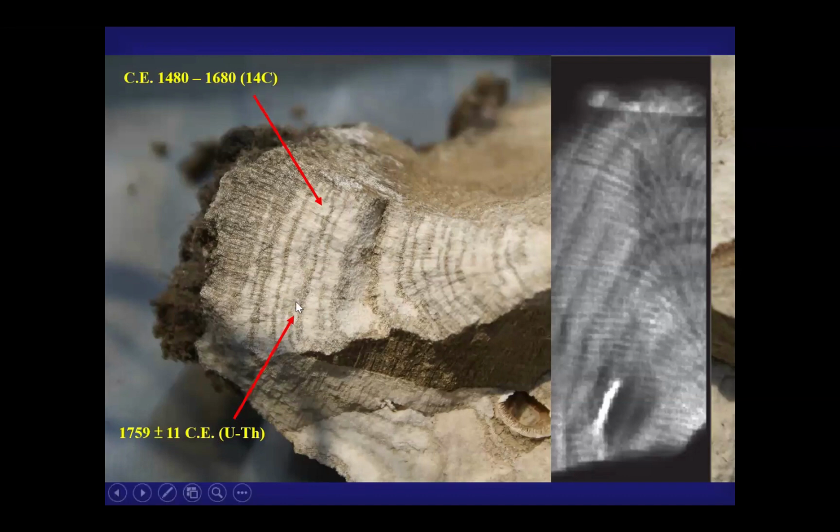So if we count the number of rings back to the surface, it actually gives us exactly the timing of 1762, which is the year of the earthquake. So we are very confident that this particular coral was killed because of co-seismic uplift of the 1762 earthquake.